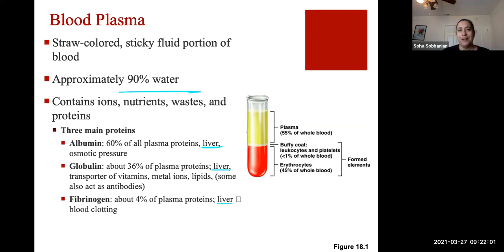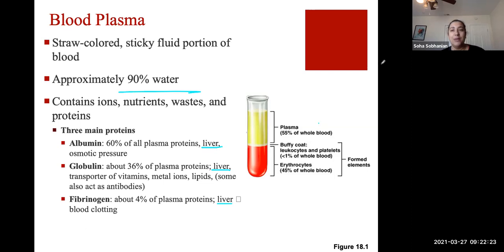This is really important, guys. This is like a trick question, I guess. But when you're using the word blood, what are we including? Everything, right? Everything in your blood. So it's not only fibrinogen, but it's also platelets.